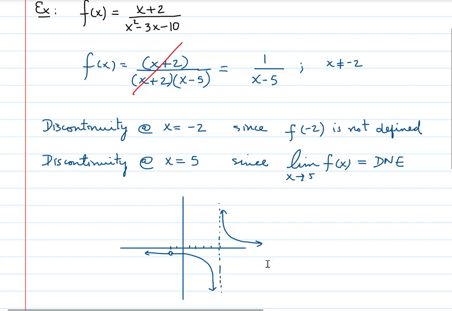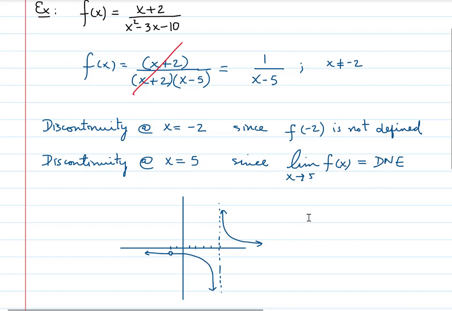Looking at the graph, you can clearly see the discontinuities. You see the hole at −2, and we know that this is a discontinuity because the limit exists there, but the function is not defined at that point. And for the second discontinuity at 5, we have a vertical asymptote there.